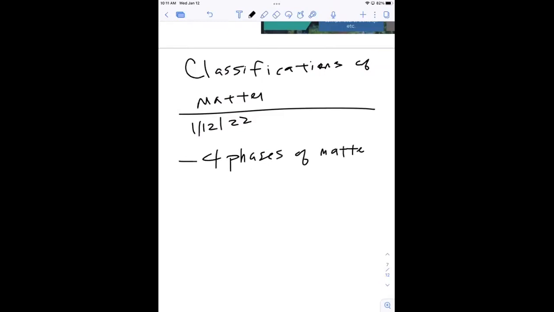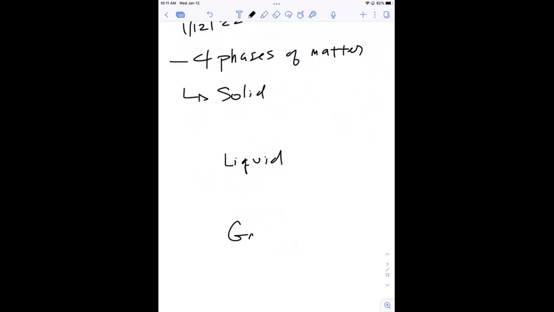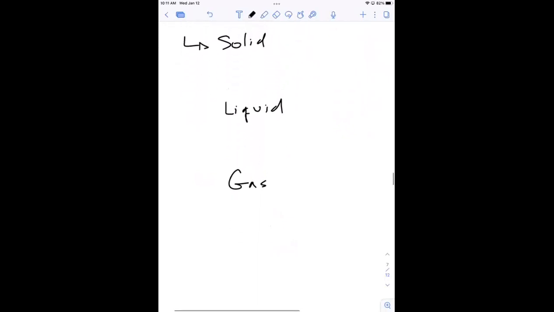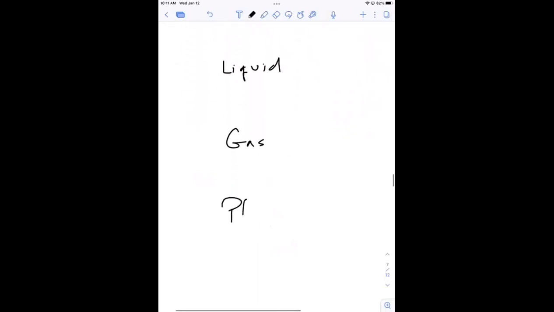Solid, liquid, gas, and vapors. Okay, close. You got the first 3. You have a solid, a liquid, a gas. The 4th state is what we call plasma.